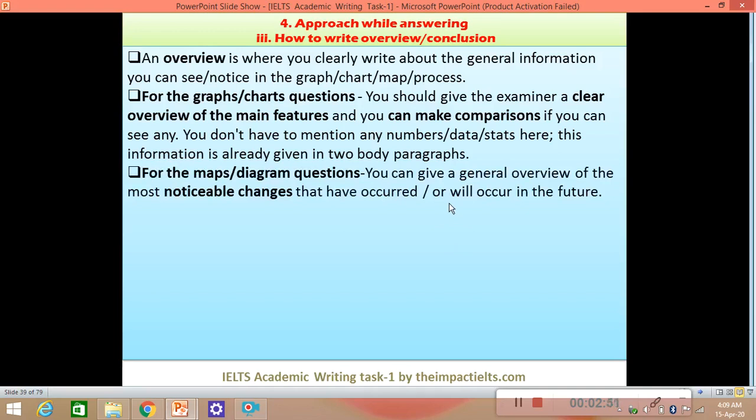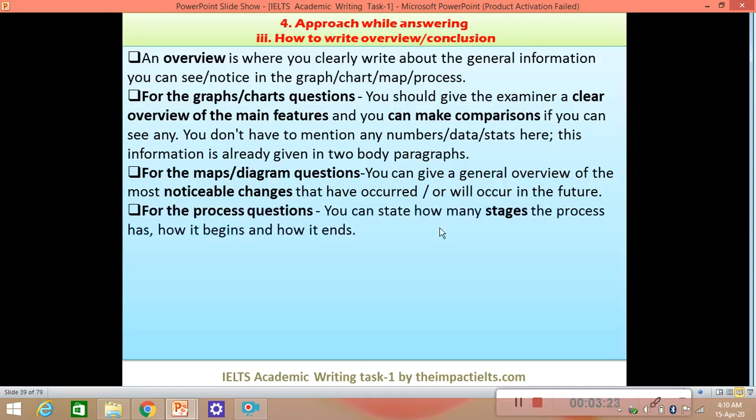For the map and diagram questions, however, because they don't reflect any trend, you can give a general overview of the most noticeable changes that have occurred or will occur in the future. For example, you can say overall it seems that this particular area has been beautified and can attract more visitors, something like that perhaps you can include.